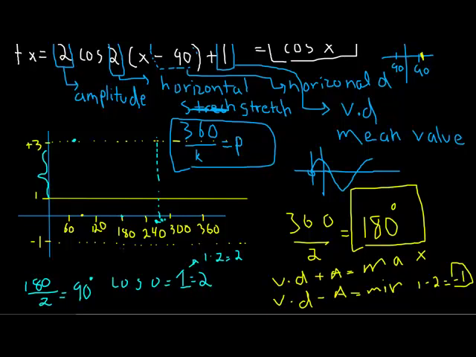And we know that for a cosine graph, the midway point is going to be the lowest point, and the period point is going to be your highest point, which is 270.